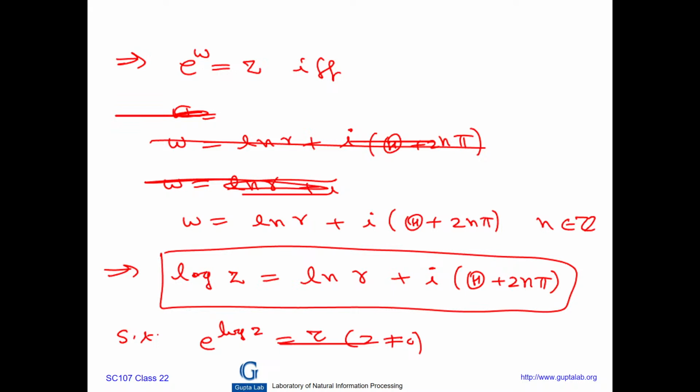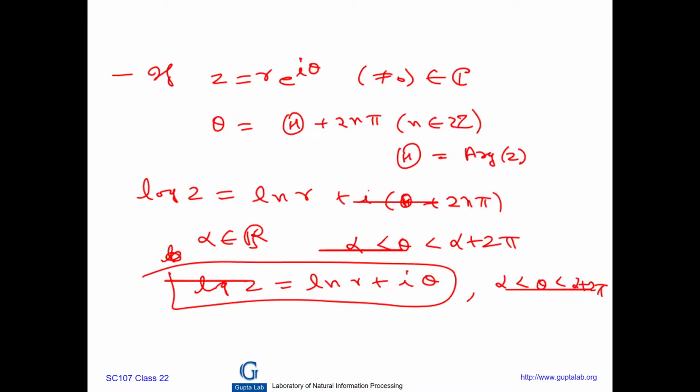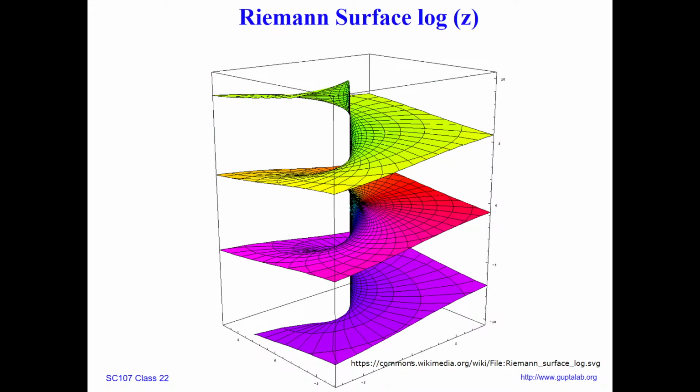So this is the Riemann surface of the log z function. Each branch is a separate thing, and origin is common.